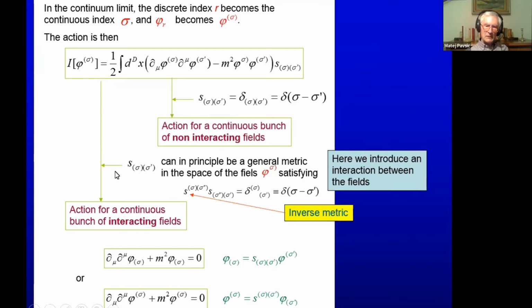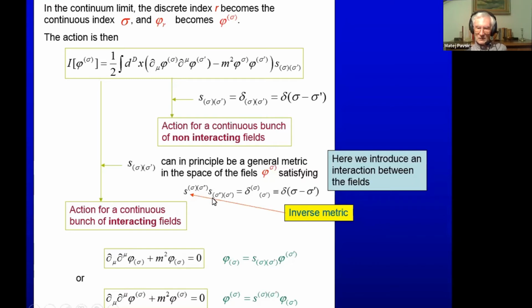The second possibility is that S of sigma and sigma prime is an arbitrary metric. So it can in principle be a general metric in the space of the fields phi. So this is the metric, and this is its inverse. This index is up.